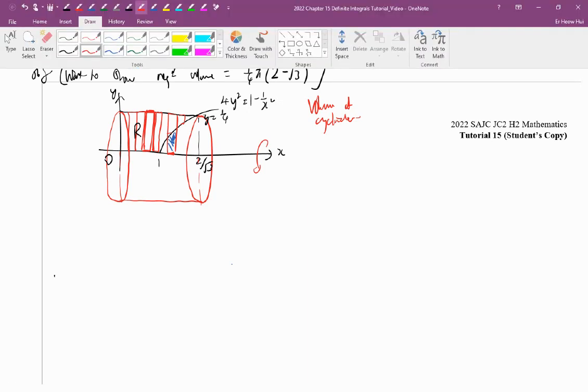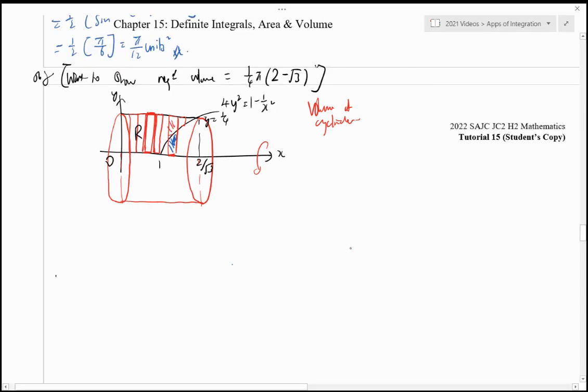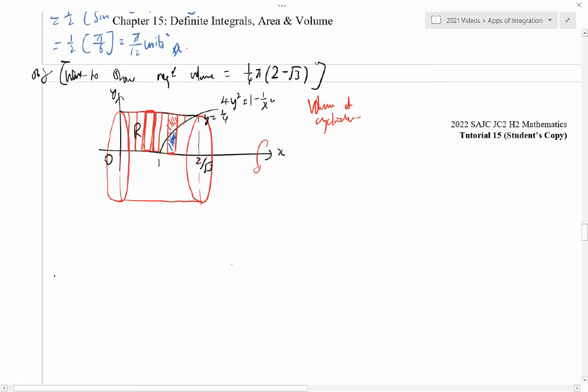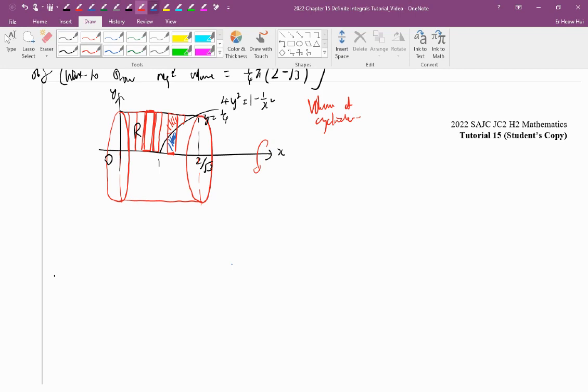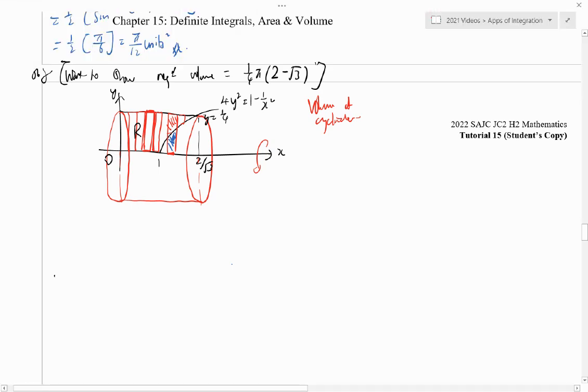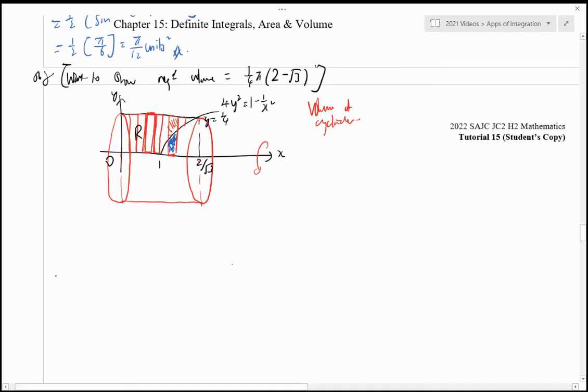But all the values past 1, this portion still belongs to R, the blue doesn't. The blue part of the rectangle, when rotated, actually forms this particular portion.